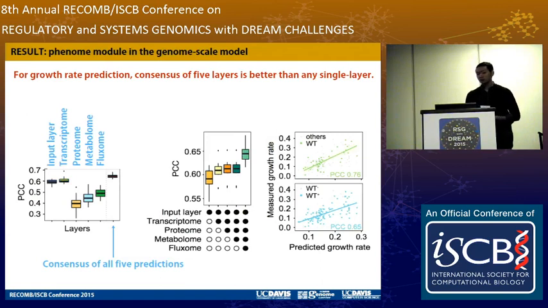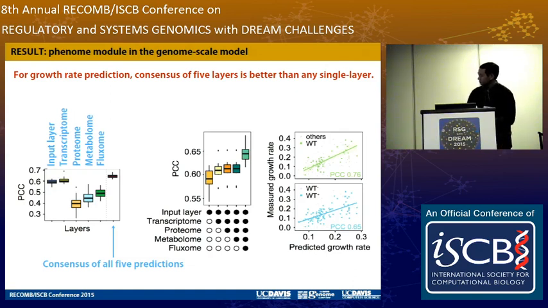And the way we predict growth rate is as follows. We predict the growth rate based on consensus prediction from 5 different layers. What I mean by that is we predict growth rate from input layer, transcriptome, proteome, metabolome, and fluxome. We combine these predictions to make the final growth rate prediction. And that consensus prediction was better than any single layer.